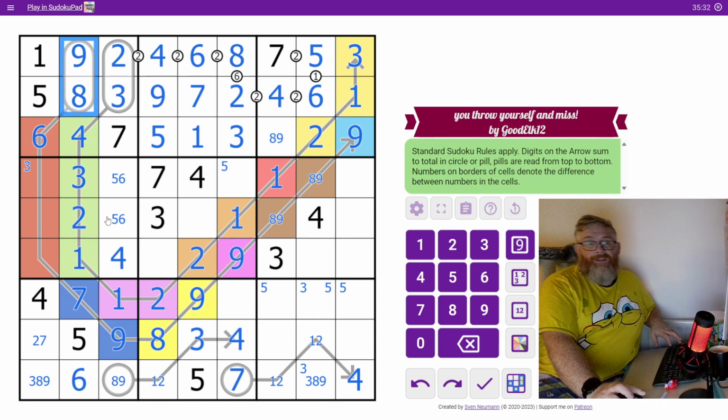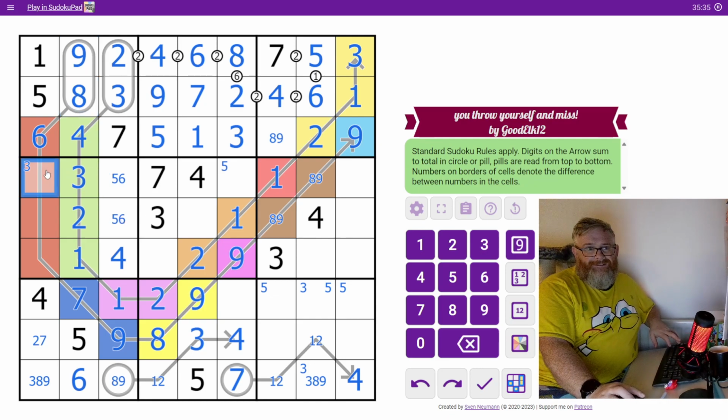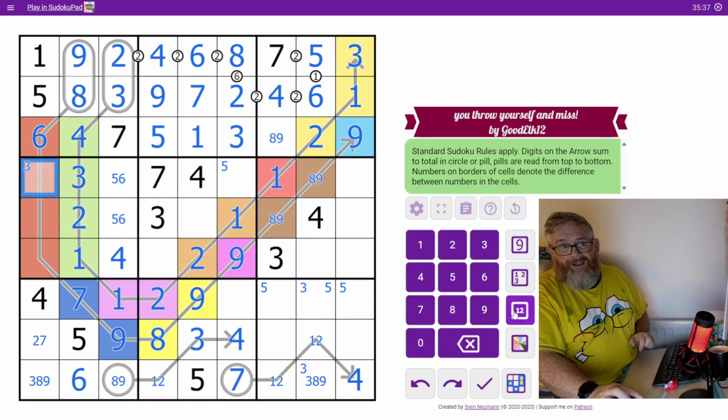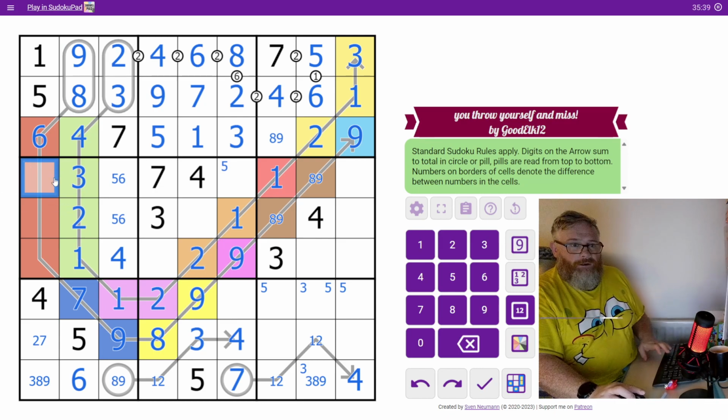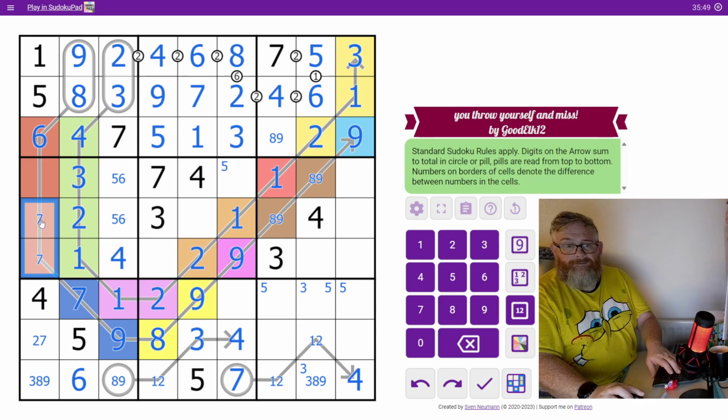Perfect. Yeah, so that is going to add up to 98. And now we know that this is 7. There is an 8 in one of these 3, and we know that there's got to be a 9 in one of these 2.